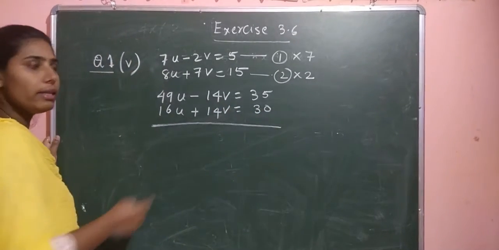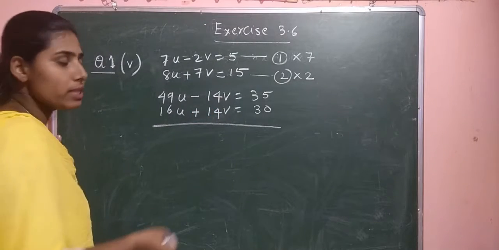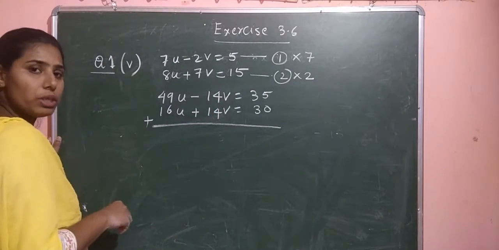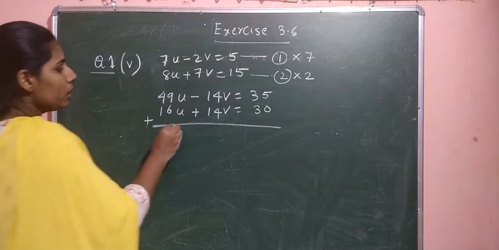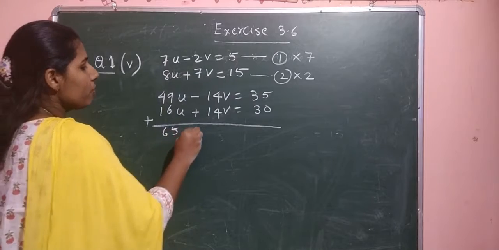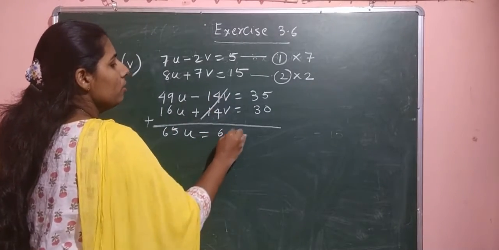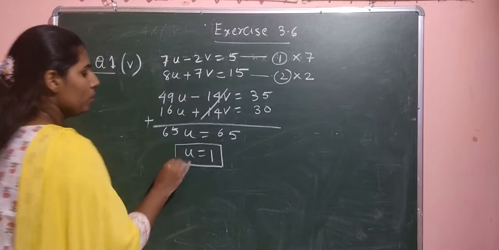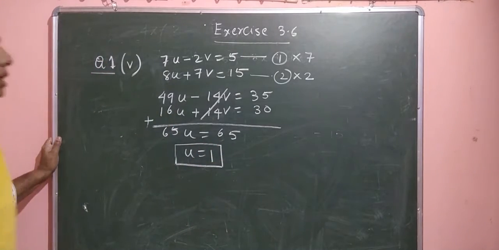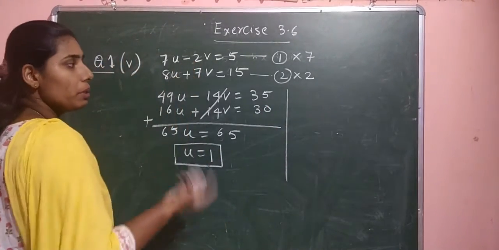Now you can see that the coefficients of v are the same with opposite sign. So I will just add both the equations. 49 + 16 will give you 65u, the v terms get cancelled, equals 65. So the u value is nothing but 1. Now again you will substitute the value of u in any one of the equations.